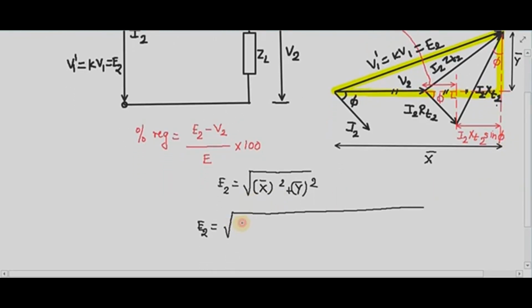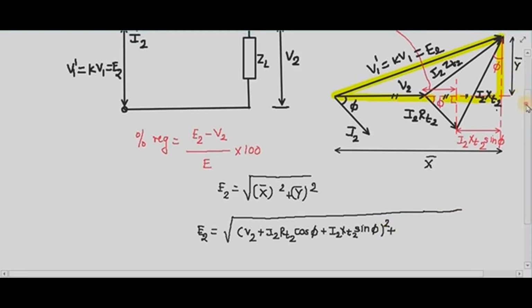So for x bar, I can write down V2 plus I2 RT2 cos of phi plus I2 XT2 sin of phi, whole square, plus, now the vertical component.